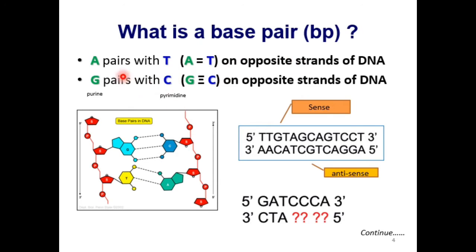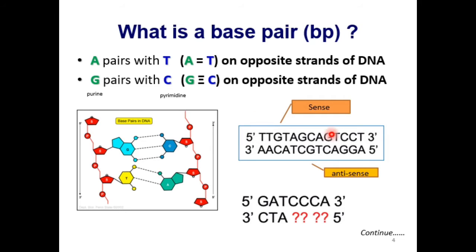If A is present in one DNA strand, the T will be present in the opposite DNA strand. And if G is present in one DNA strand, the C will be complementary to it, and they are going to bind with a triple hydrogen bond. And this is what we call base pair.